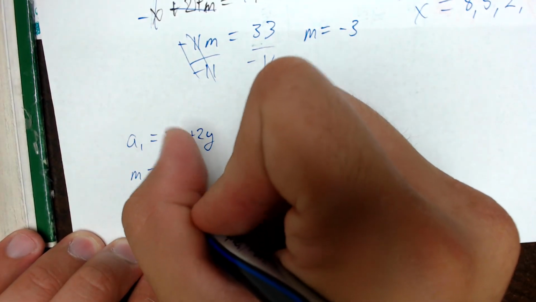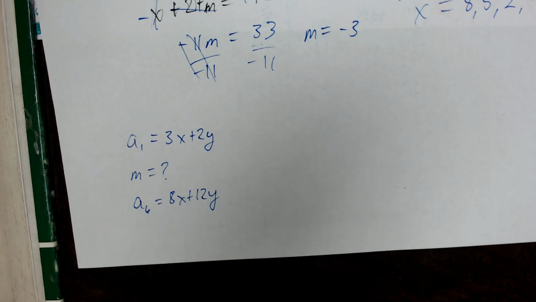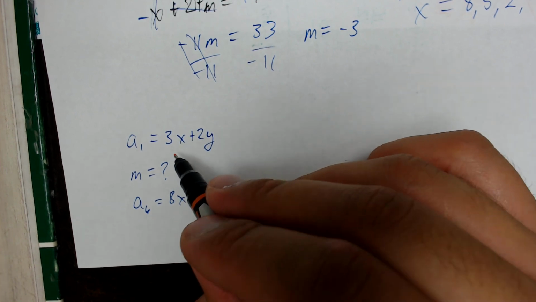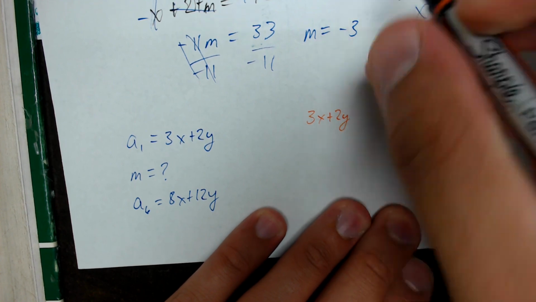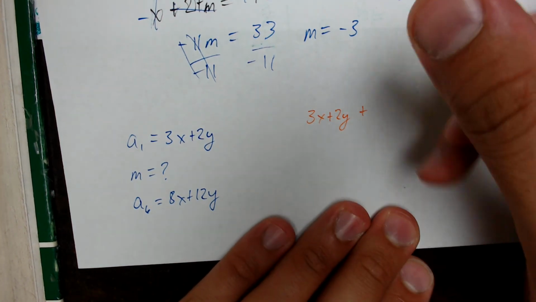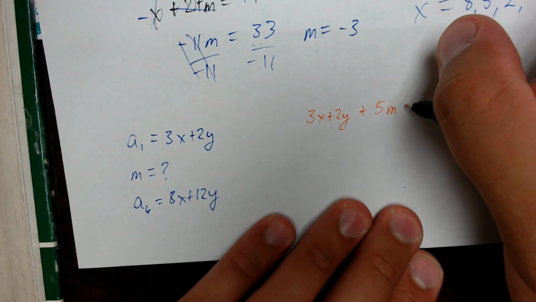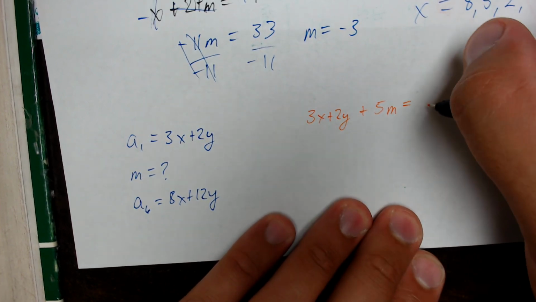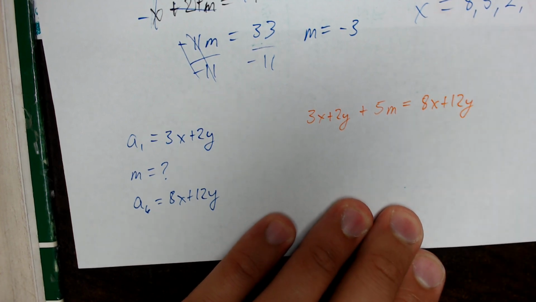and A6 equals 8x plus 12y. So we'll take this equation and set it up. Let's go to orange. So A1 is 3x plus 2y, and then if we add 5 times the mean, 5 times m, we're going to get the sixth term, which is 8x plus 12y.